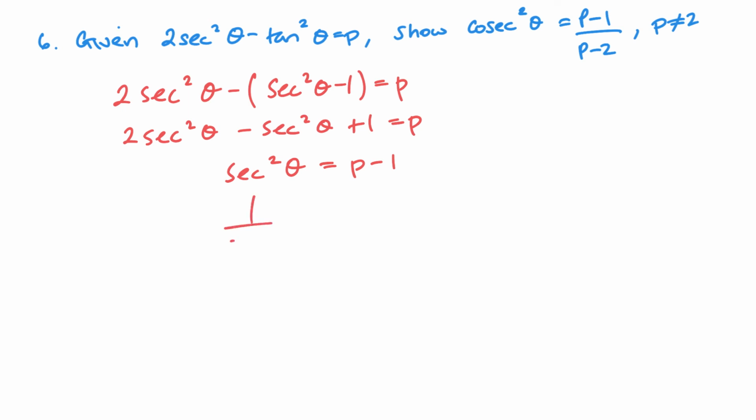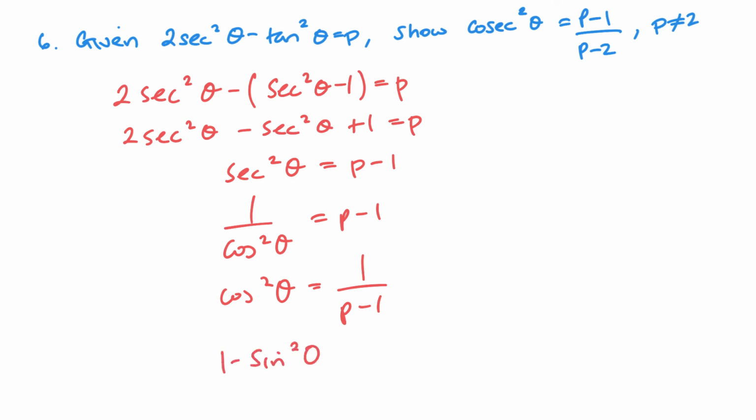So 1 over cos squared theta equals p minus 1. Cos squared theta equals 1 over p minus 1. Now cos squared is 1 minus sine squared. And if I rearrange, I get 1 minus 1 over p minus 1 equals sine squared theta.